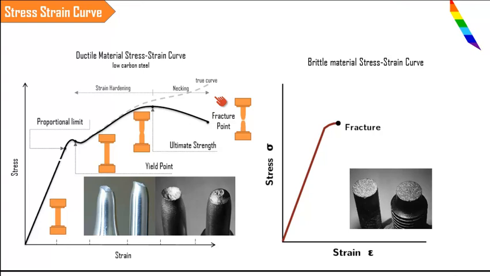Now let us discuss the stress strain curve of a ductile material. Before we move into the details of the stress strain curve, the y-axis is the stress and the x-axis is the strain. So the elongation from the gauge length, or the data from the extensometer, is used to obtain the change in length that happened in the gauge length, and once we know the change in length we can easily calculate the strain because we have already noted down the gauge length value.